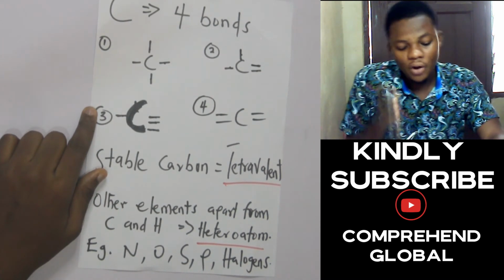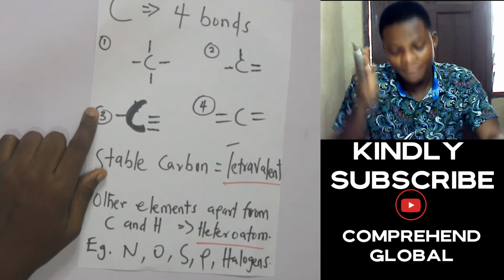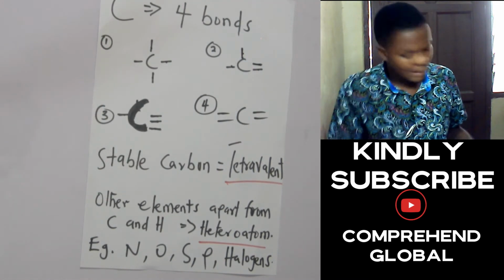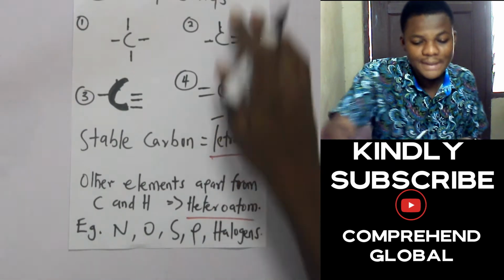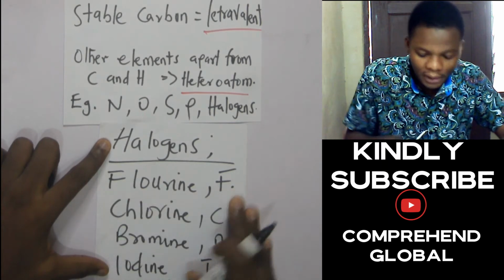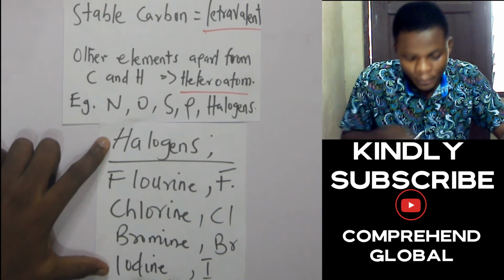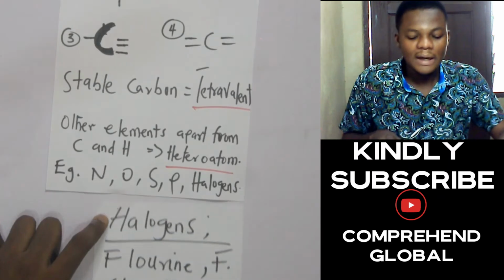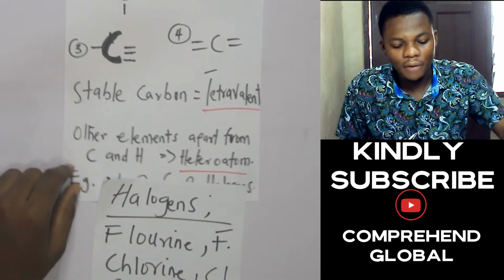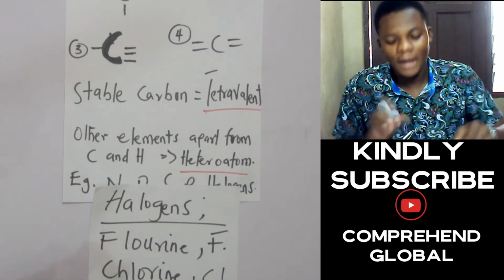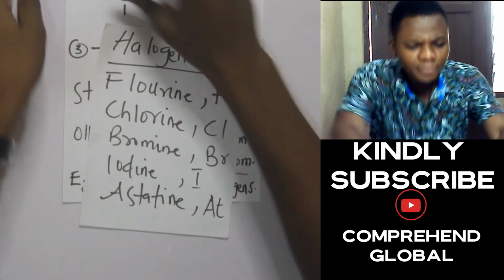We can get an oxygen, a sulfur, phosphorus, and halogens. Halogens are the elements in group 17 on the periodic table: fluorine, chlorine, bromine, iodine, and astatine. Any of these can covalently link with carbon in an organic compound.